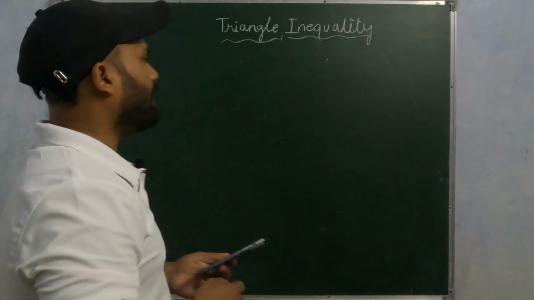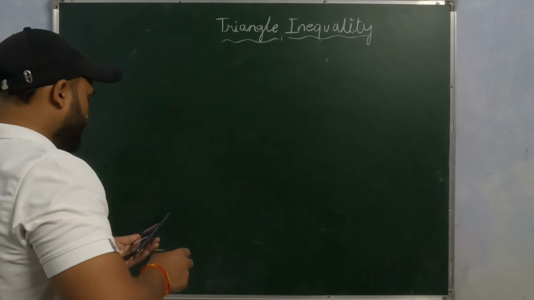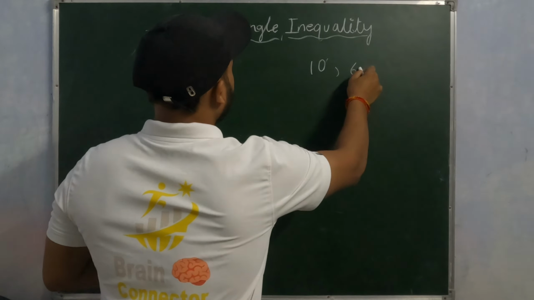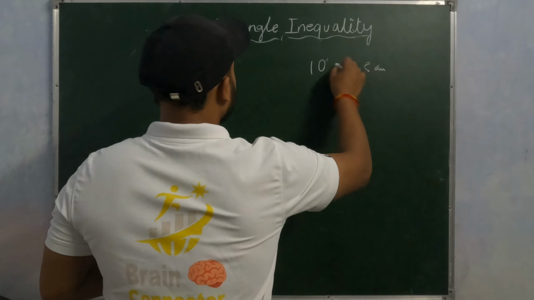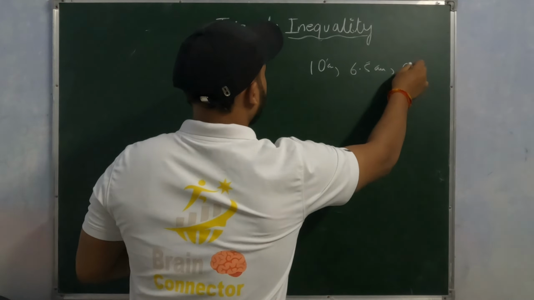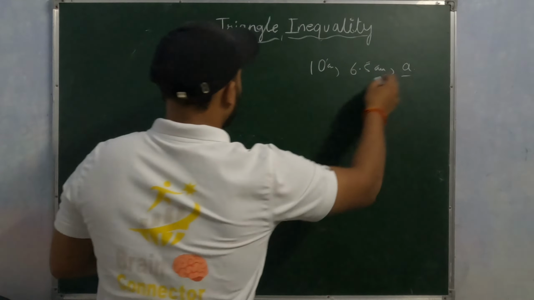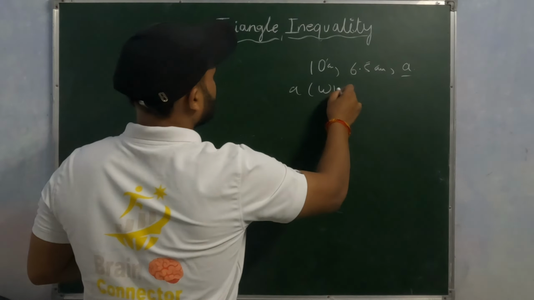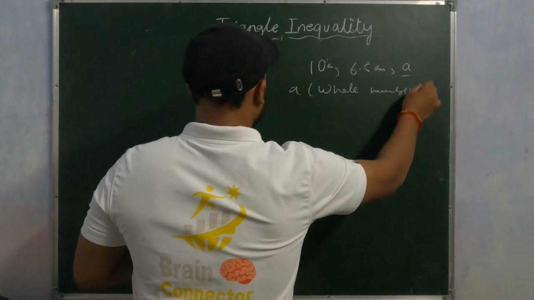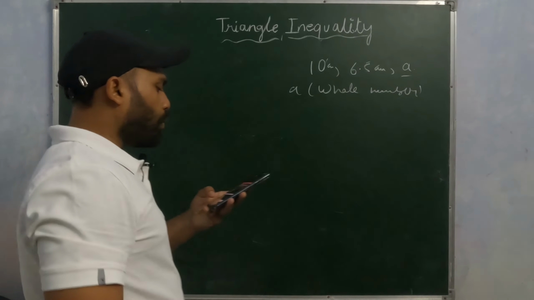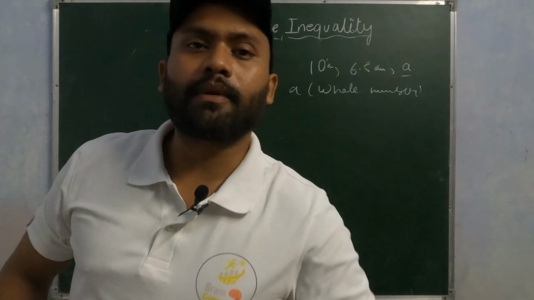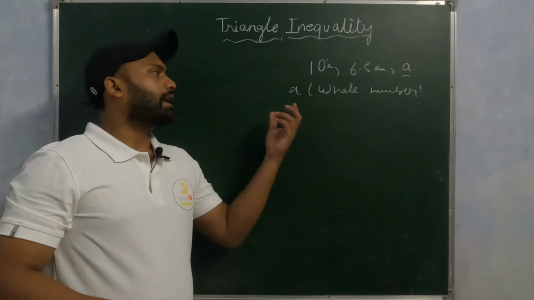Okay, it is given that the sides of the triangle are of length 10 centimeter and 6.5 centimeter, and the third one is A, which is a whole number. What is the minimum value of A going to be?